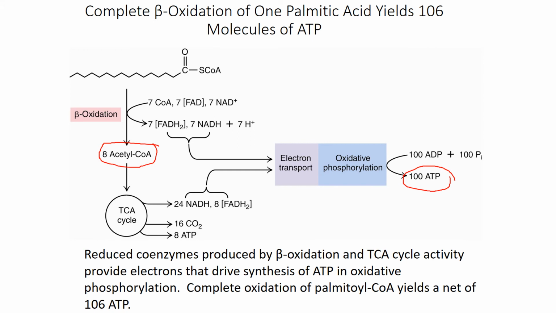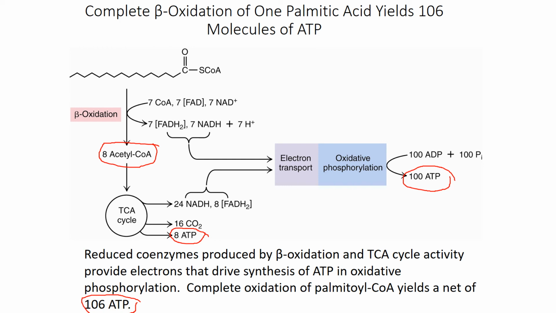Let's see where else we're going here. In the citric acid cycle, we get 8 ATP. So, we've got to remember we're going to use 2 ATP somewhere because in total we get 106 ATP molecules. Okay. So there's a very large energy yield, and it comes from the highly reduced state of the carbon in fatty acids.